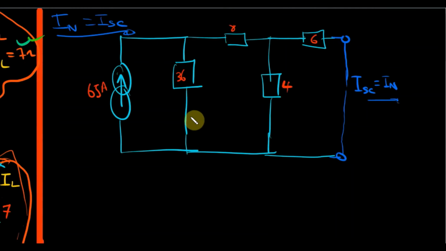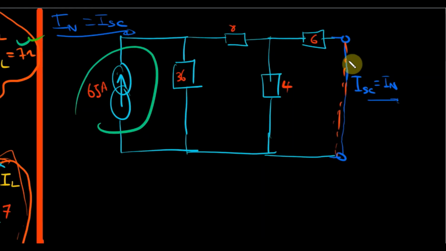Current sources, voltage sources, whatever they may be, we bring them back. In this case, we only had a current source, so we only bring back the current source. Can't bring back something that was not there. Bring back the current source, and we short circuit the terminals that were open.